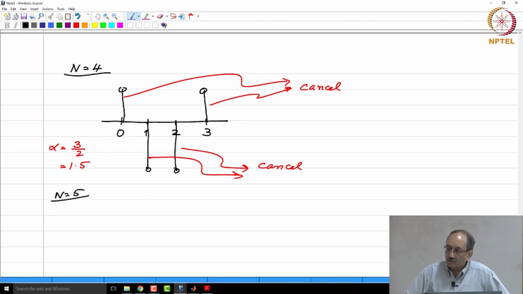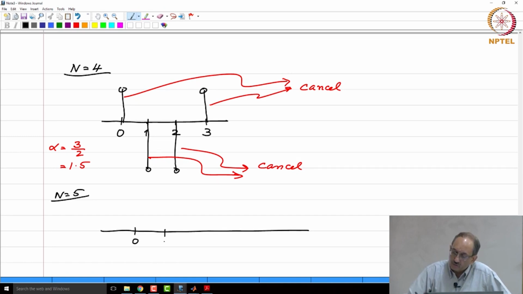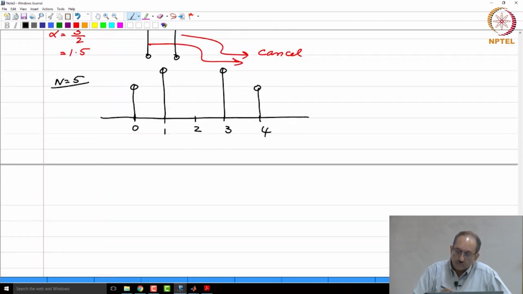Now, let us look at n equals 5. If you have n equal to 5, this goes from 0, 1, 2, 3, 4. So, h of 0 must be the same as h of 4. H of 1 must be the same as h of 3. H of 2 does not have any pair.